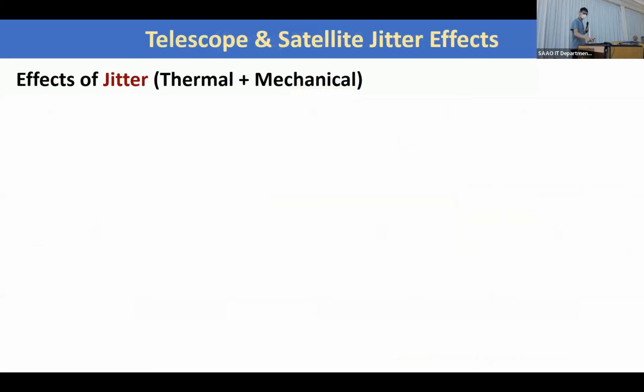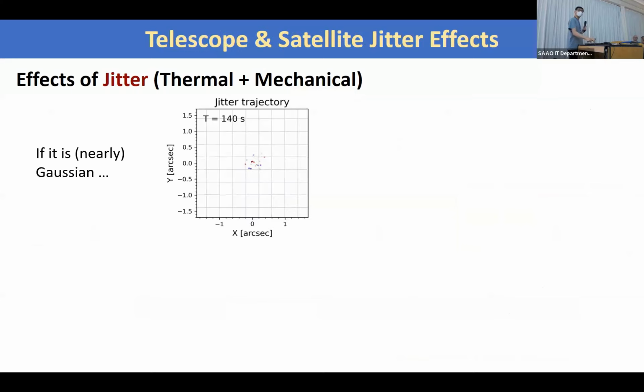The effect of jitter means that even in space, the telescope pointing is not static. It has some jitter because of thermal and mechanical oscillations. If the jitter is nearly Gaussian, that means the pointing jitter between two times is basically uncorrelated.